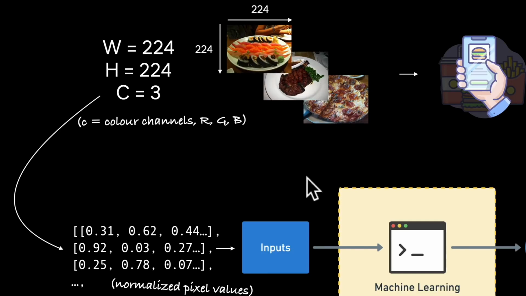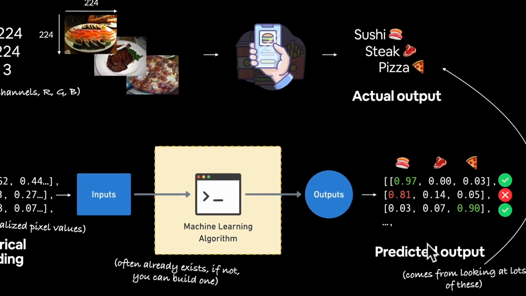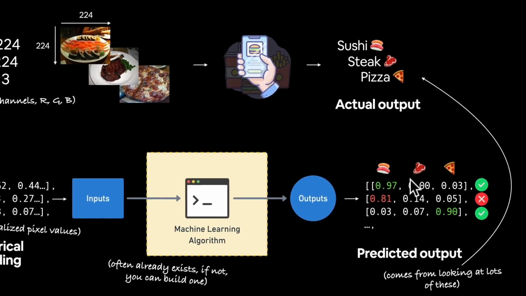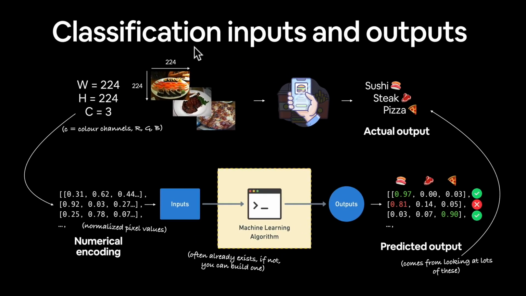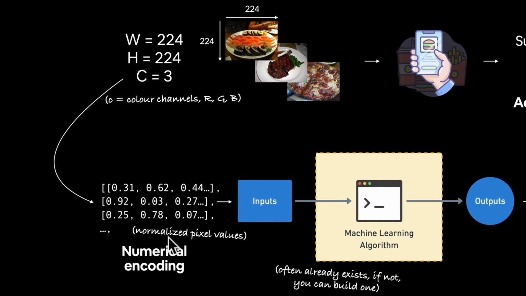However, this premise of taking some sort of samples, numerically encoding them, passing them to a machine learning algorithm, and then having some sort of output goes for all different types of classification inputs and outputs. So now we're familiar with the high-level overview of what classification inputs and outputs will be. Let's have a look at what the shape of these tensors would be, because that's another very important point, as we'll see in practice later on.